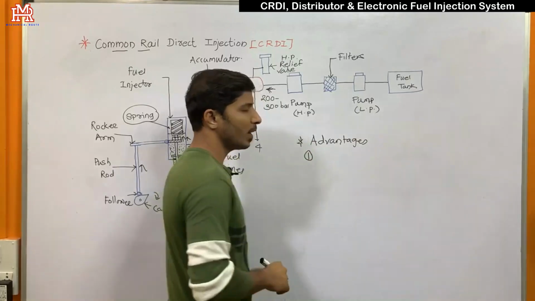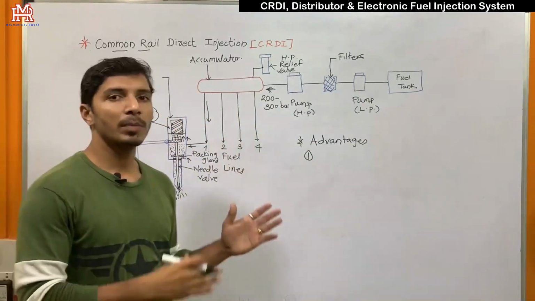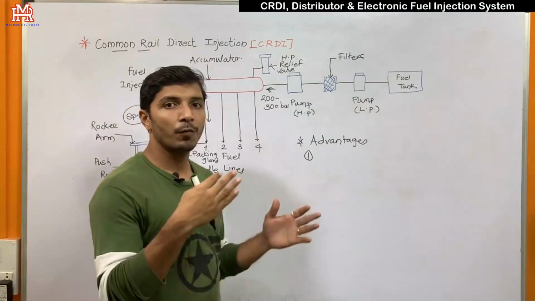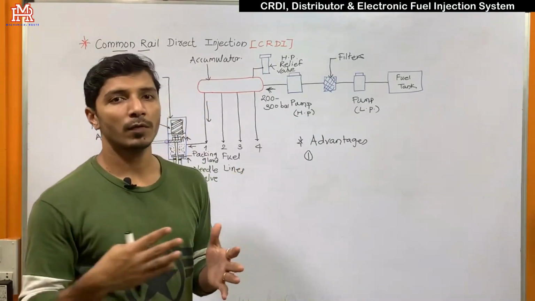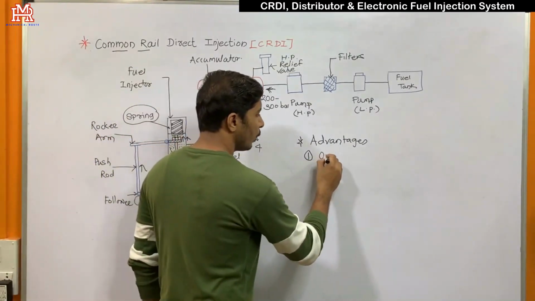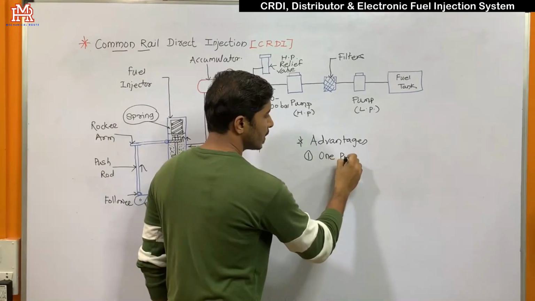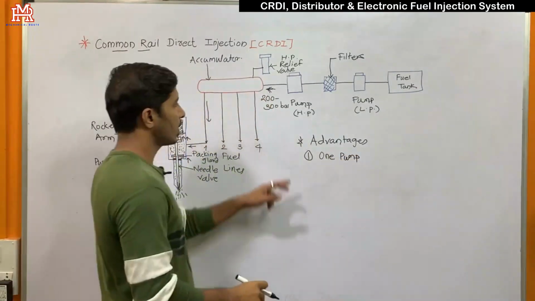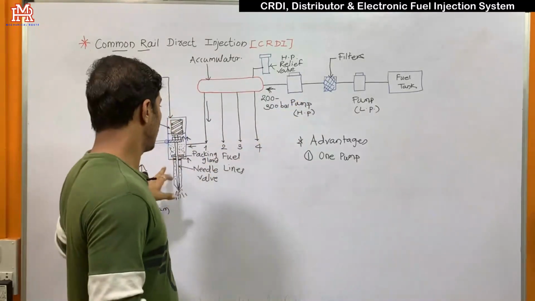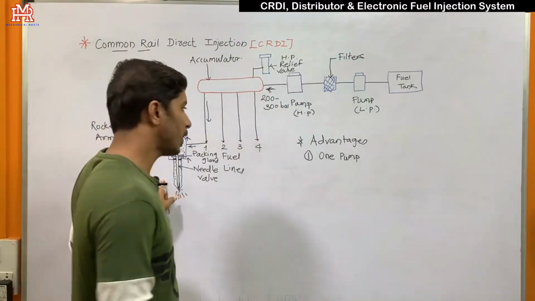In the last lecture we discussed the individual pump type fuel injection system, and there we used 4 pumps to supply a 4-cylinder engine. But here we use only 1 pump, which is sufficient to pressurize the fuel and supply it to the engine cylinders. This is the advantage.